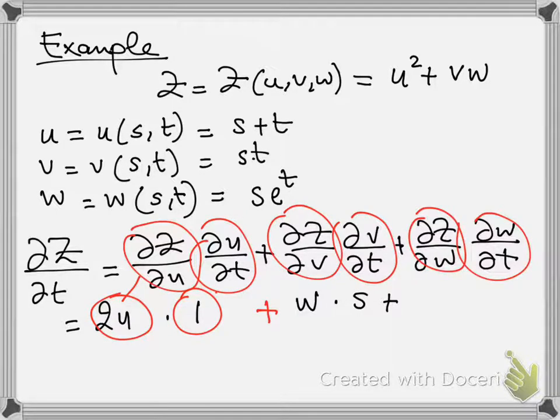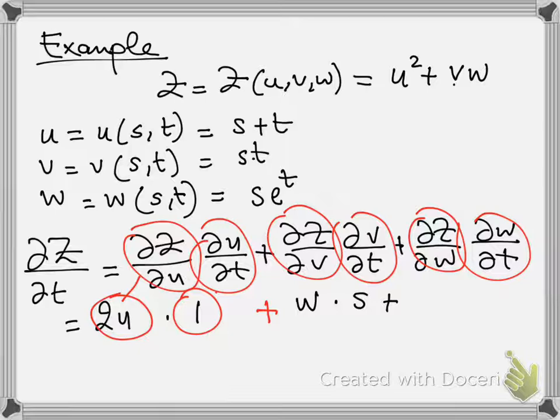partial z, partial w. So then u and v are constant. Derivative of u squared, u is a constant, so u squared would be a constant too. So derivative of a constant is 0, so the 0 plus v is a constant, v times w, so we apply a product rule. So derivative of v, v is a constant, so that's 0, 0 times w, plus v times derivative of w, which is 1.